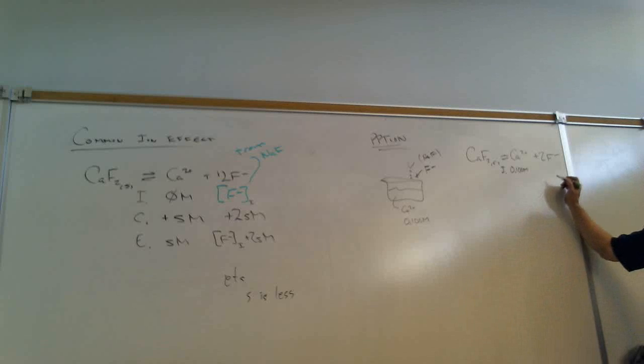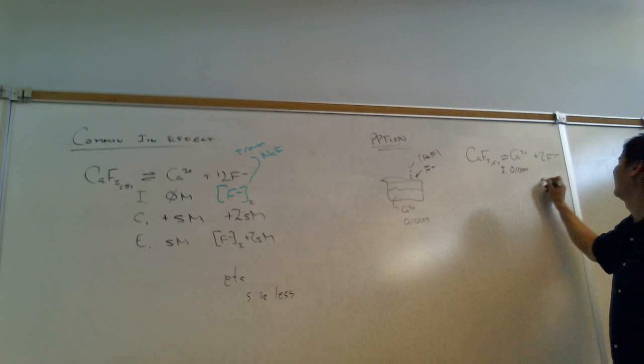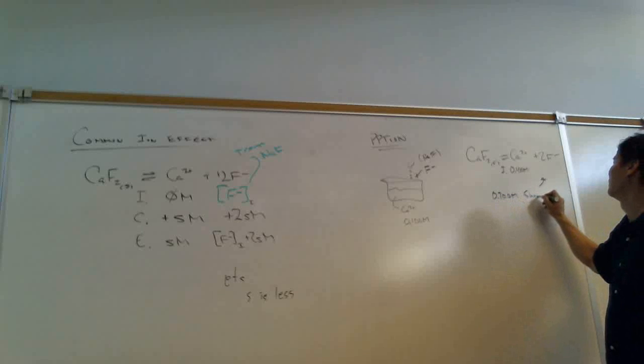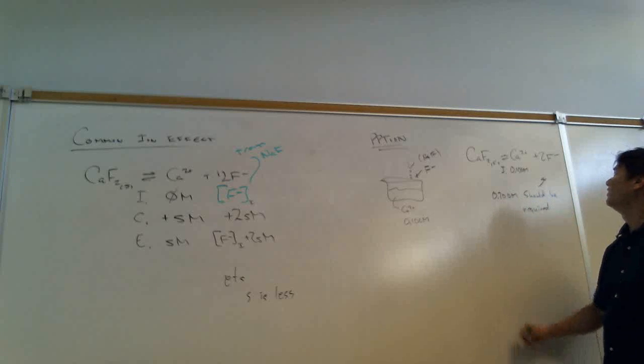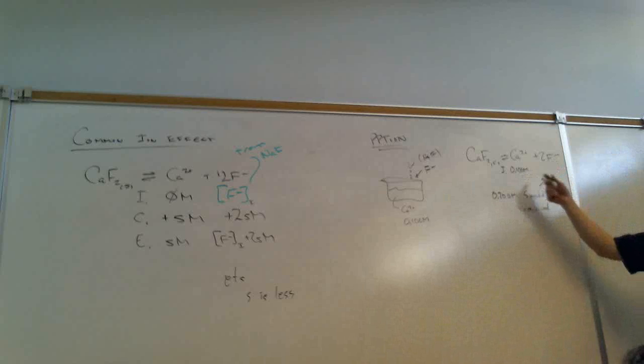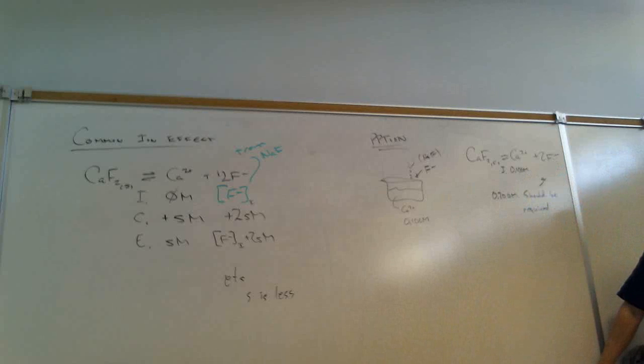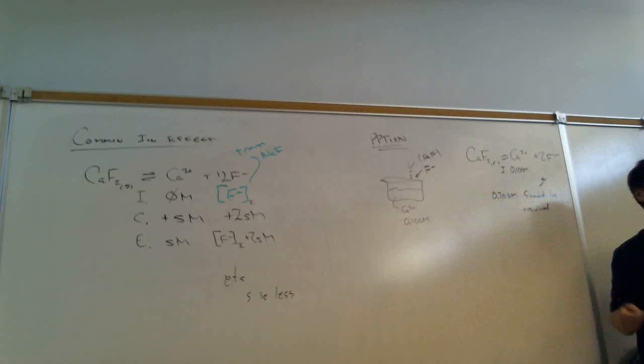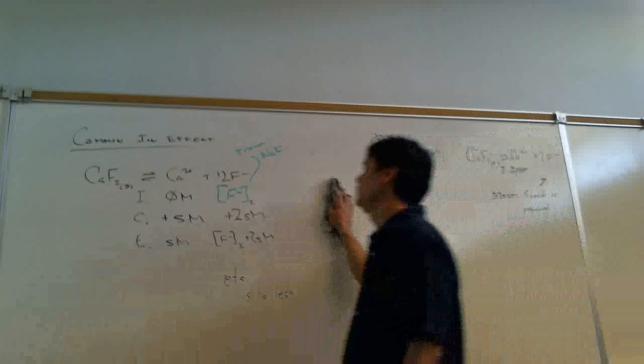You would think 0.200 molar should be required. Why 0.200? Because we need twice as much fluoride as calcium. Just stoichiometry. In Chem 1A, it would be 0.200 because just go 100% backwards and we'd be left with 0 and 0, right? Yeah. But let's see about Chem 1B here.